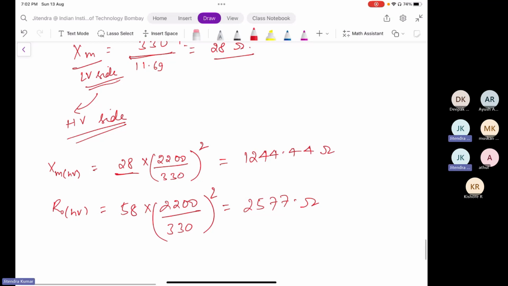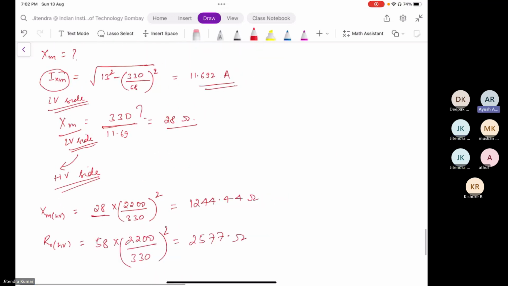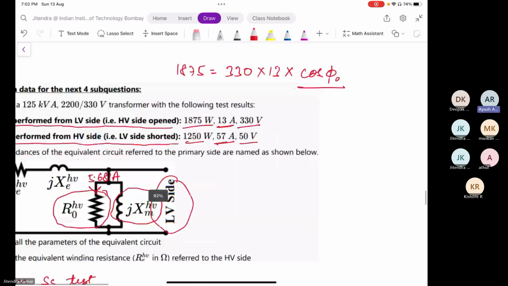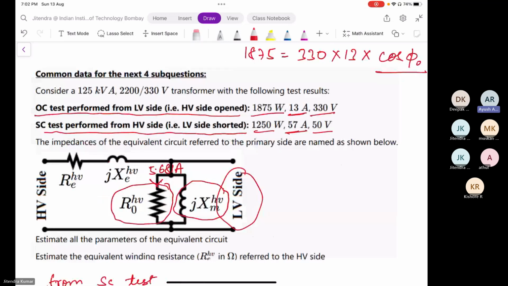Now what you were saying, just go ahead with that. Sir, I am saying that I have an ammeter reading which is the open circuit current, sorry, no load current. We can say it is the open circuit current. From the phasor diagram we can calculate Im is equal to I naught sin phi naught, and we have a voltmeter reading.